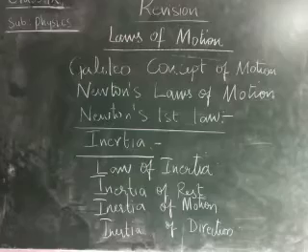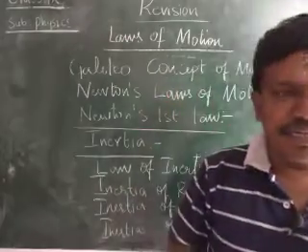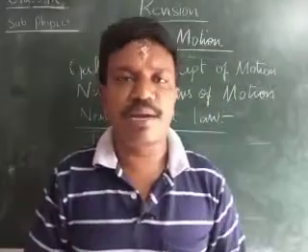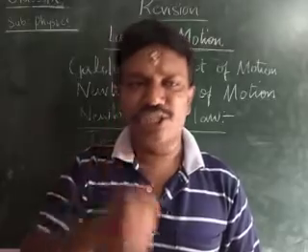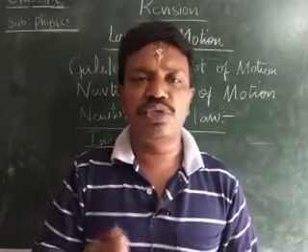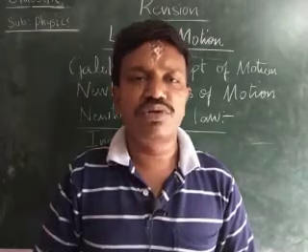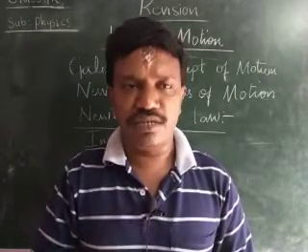Here, when you beat the carpet, the dust comes outside from the carpet. Or when you beat the cushions of the beds with a stick, the dust comes outside. Why does the dust come outside? It is due to the inertia of rest.